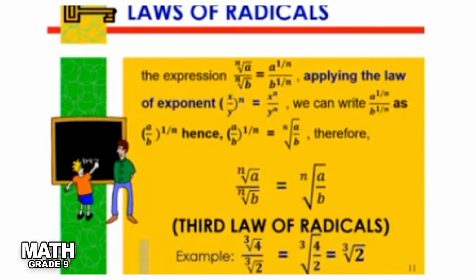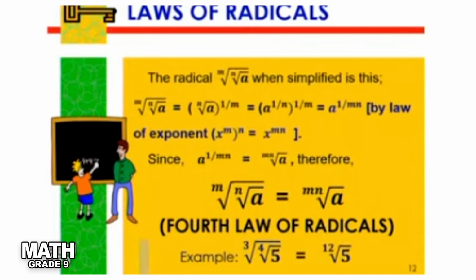Applying the law of exponent, which is the quantity of x over y raised to n is equal to x raised to n divided by y raised to n, we can rewrite A raised to 1 over n divided by B raised to 1 over n as the quantity of A over B raised to 1 over n.